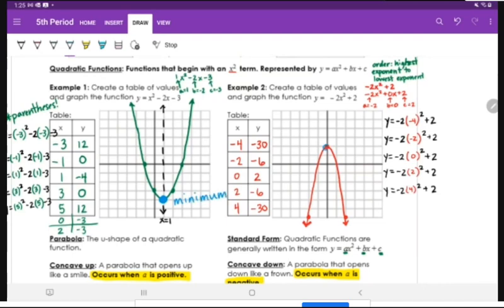The vertex in example 2, since it's at the top of the graph, is called a maximum. So whether a vertex is a min or a max will depend on whether you've got a smile, concave up, or a frown, concave down.